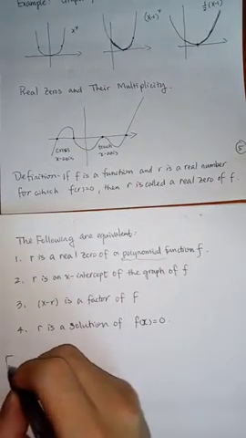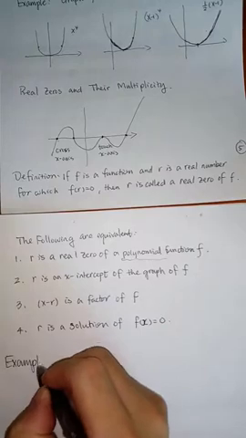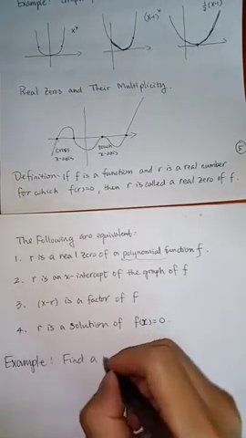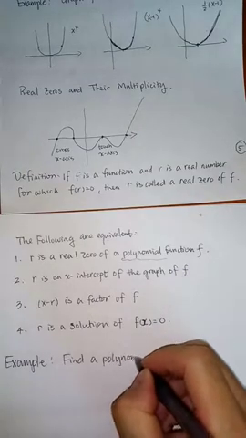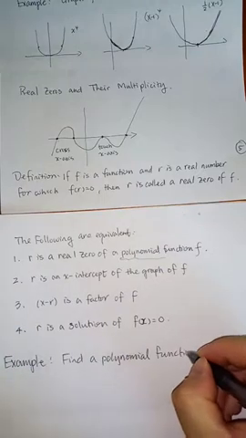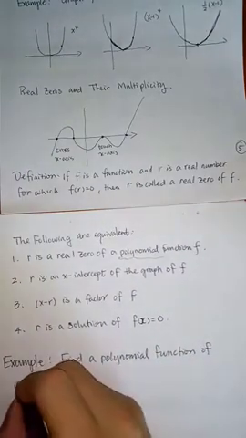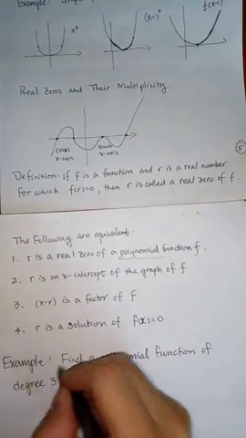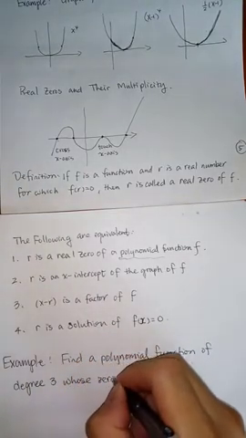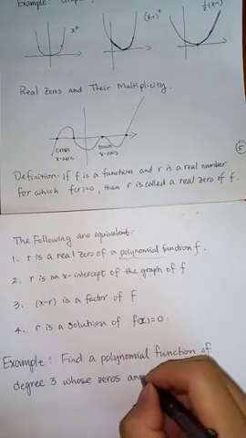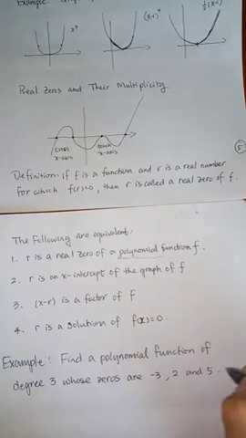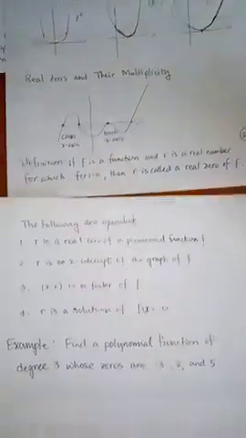So for example, find a polynomial function of degree 3 whose zeros are -3, 2, and 5.